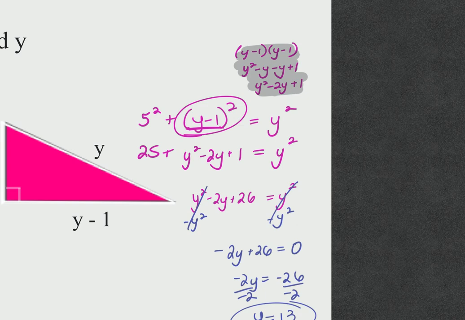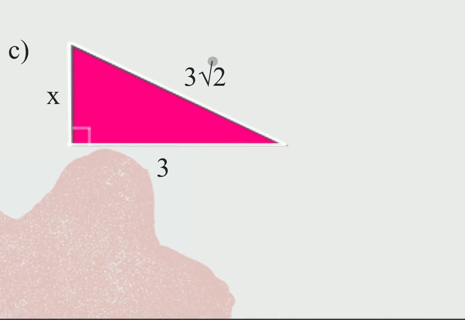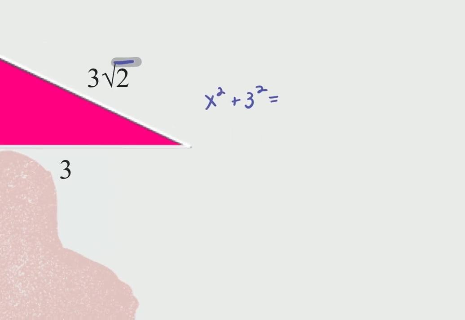All right, so C, and this is a square root, should go all the way over. X squared plus 3 squared would equal 3 times the square root of 2 squared. So x squared is x squared. 3 squared becomes 9.